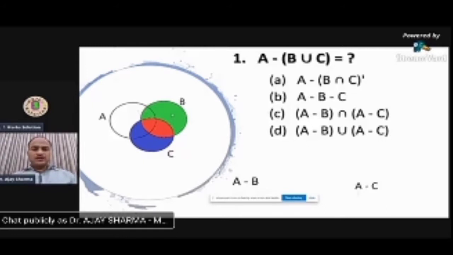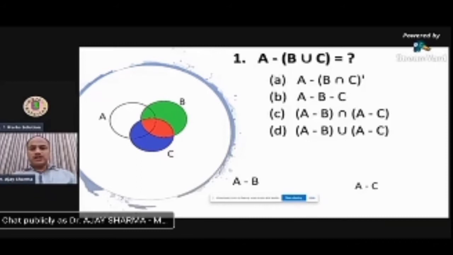Now, in this figure, I'm trying to explain this question by this shaded portion. See, B union C can be the shaded or colored portion here, and we have to find A difference (B union C). So it means the white portion which is visible here is the required portion.